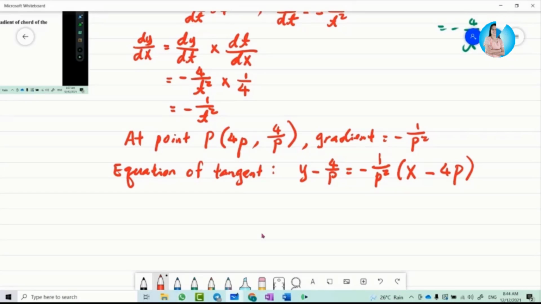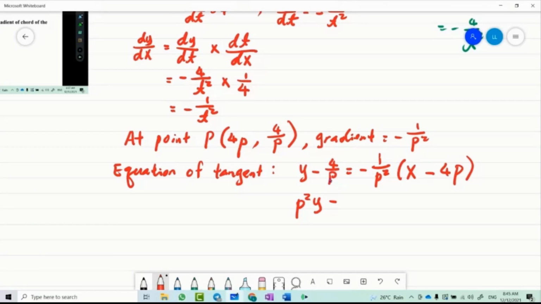So then after that you simplify sahaja. Alright, so simplify. Okay, kita nak simplify pecahan lah. Kita tak mau pecahan. So kita semua sekali darab P kuasa 2. Ini darab P kuasa 2, ini darab P kuasa 2, ini darab P kuasa 2. So bila darab P kuasa 2, so ini dapat P kuasa 2 y.